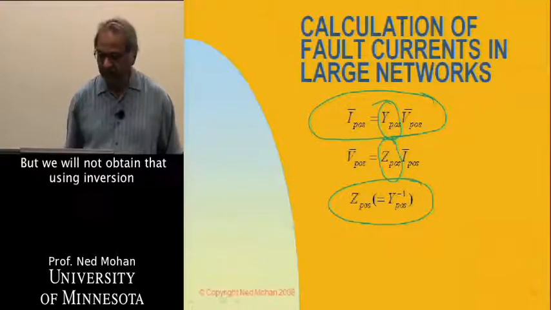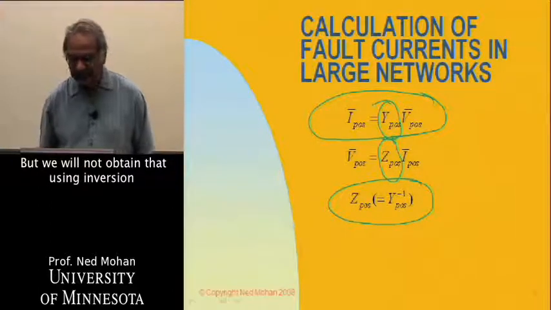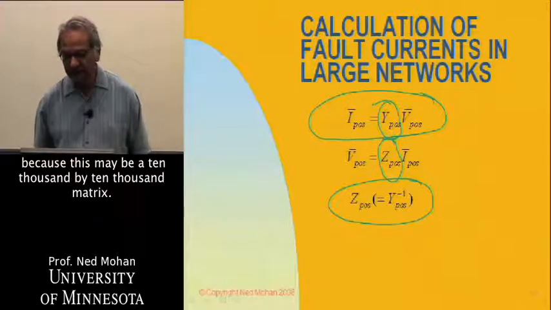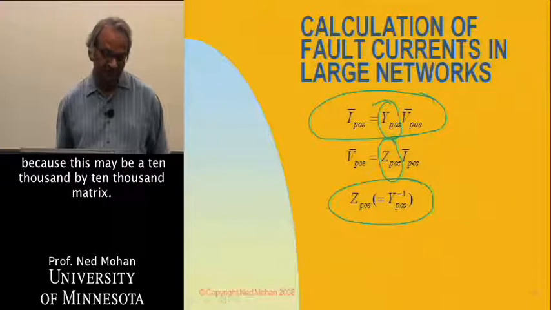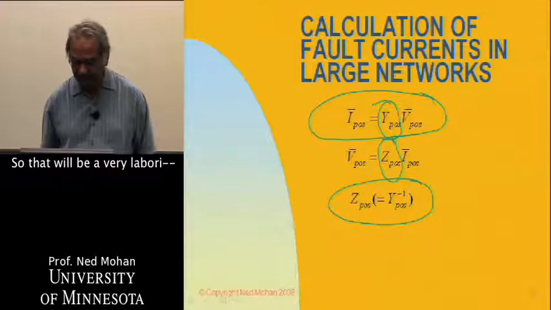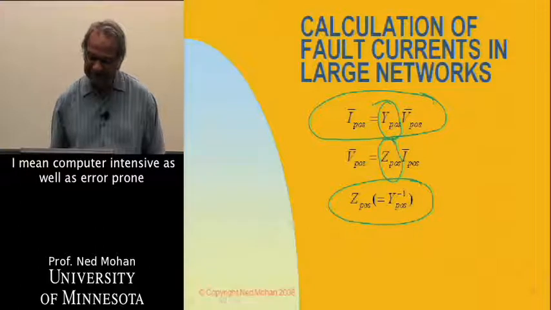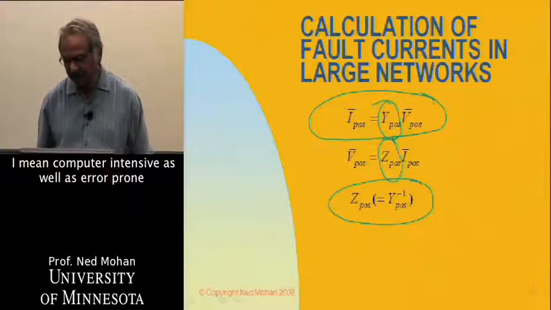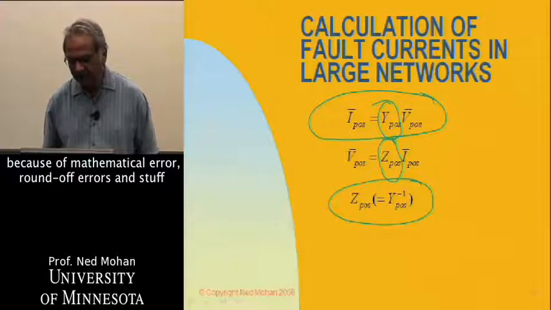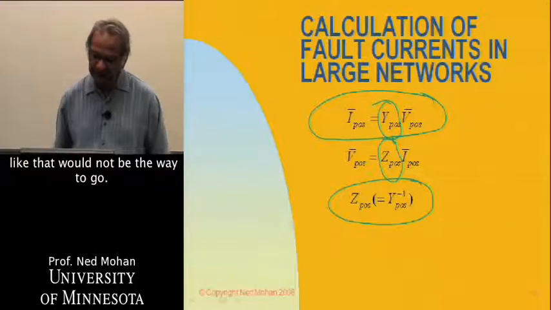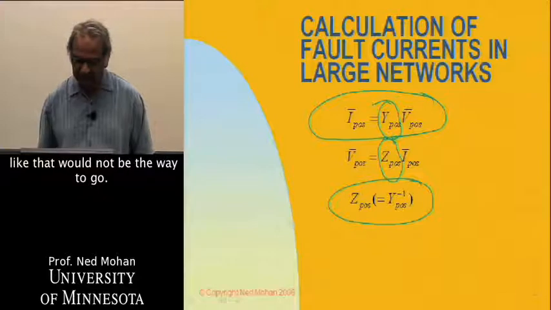But we will not obtain that using inversion because this may be a 10,000 by 10,000 matrix. That would be laborious, computer intensive, and error prone because of numerical round-off errors, so it would not be the way to go.